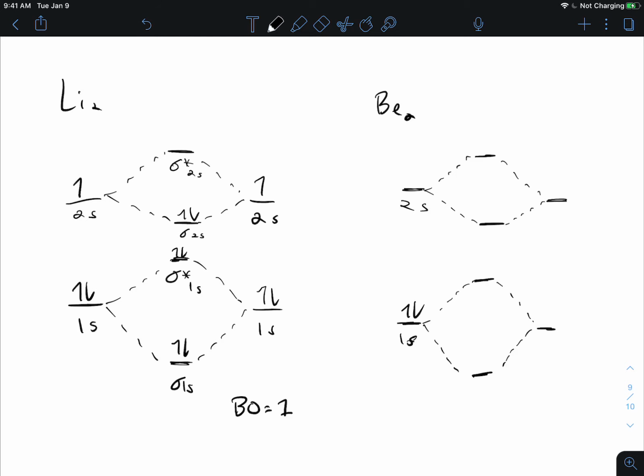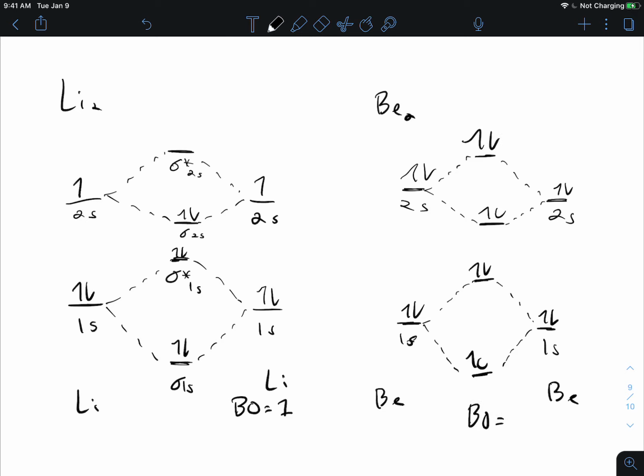The difference here is we have one extra electron. Sorry, I forgot to label this: this is Be, Be, Li, Li. And here, since we have that extra electron, we get a bond order equal to 0. So this will not produce anything.